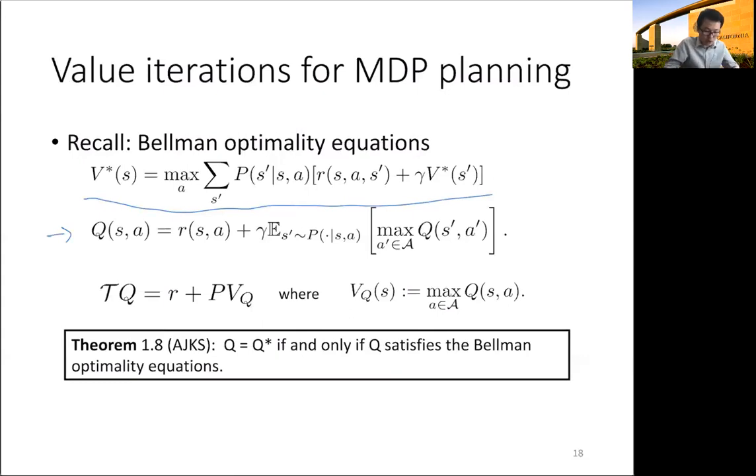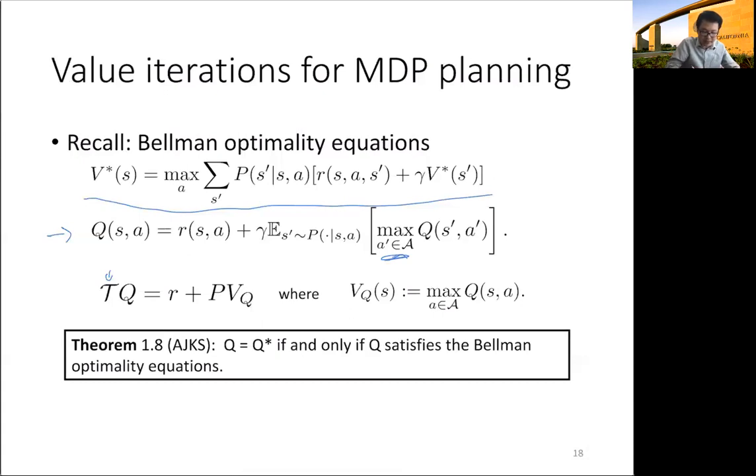For convenience, let's define this nonlinear operator, this Q operator. An operator takes a function and outputs another function. And this is a nonlinear operator because it's not linear due to this maximization. How do we formally write it down?